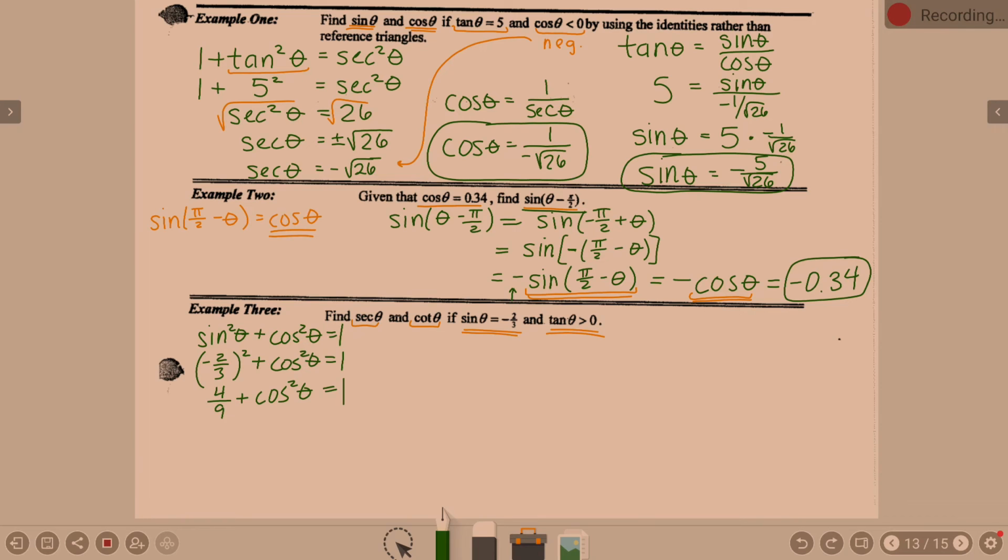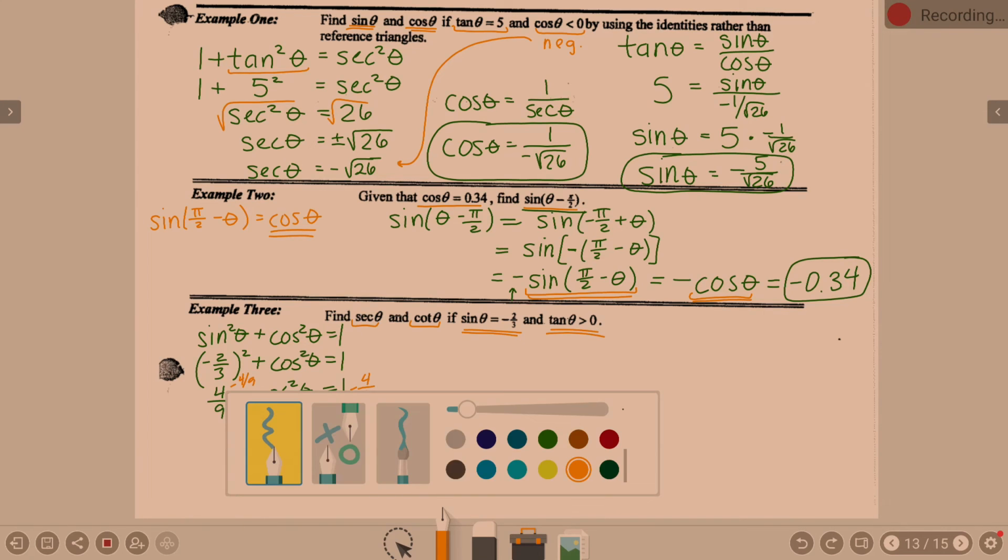How do I solve for cosine? Subtract 4/9, right? So cosine squared theta, that's my x I'm trying to solve for. So we're going to subtract 4/9.